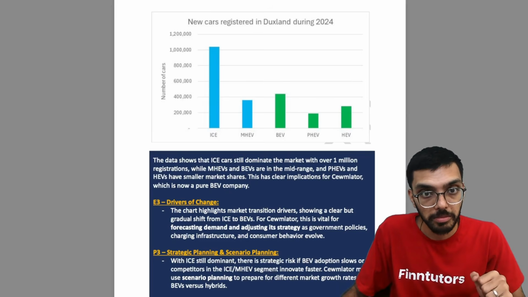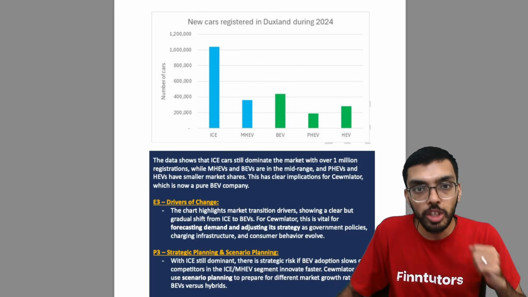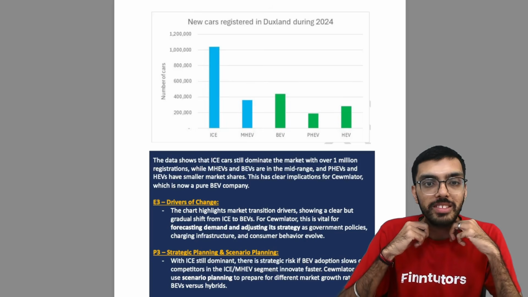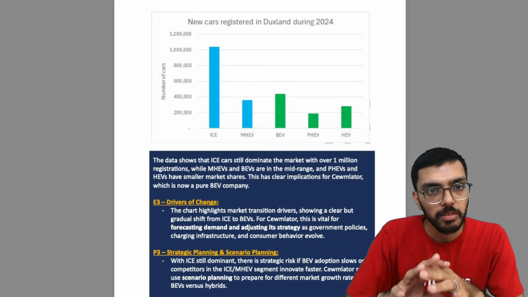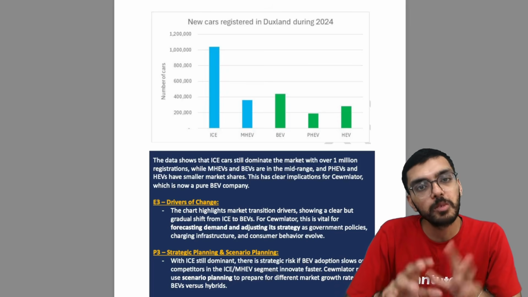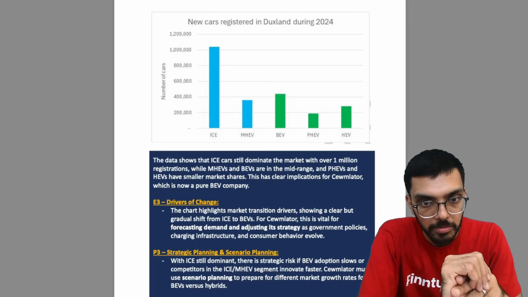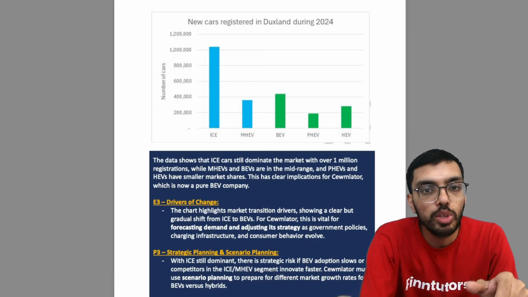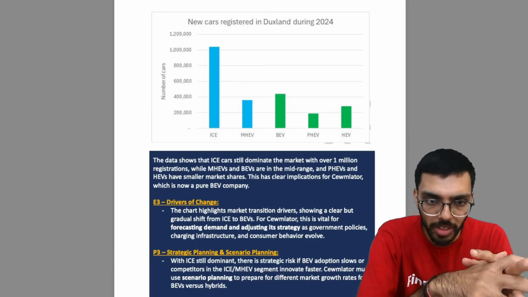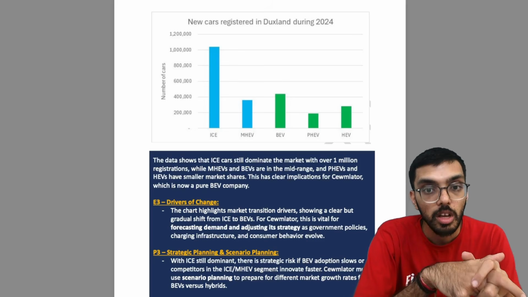Because it's positive for the company. That was F3. Now, if you look at the new cars which were registered in Duxland during 2024, you will see that a lot were ICE. So 1 million ICE cars were registered, just above 1 million. MHEVs were just below 400,000, let's say 350,000, roughly.